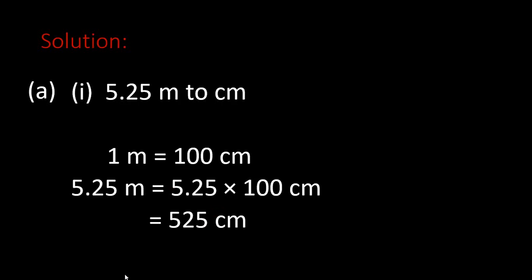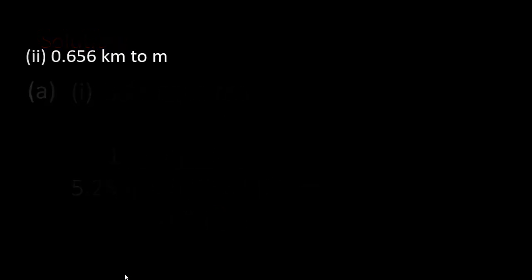Let's look at the next one. We have 0.656 kilometers to meters. Now we know from our table, and if you don't know it you can always draw that table and it will guide you, that 1 kilometer is equivalent to 1,000 meters.